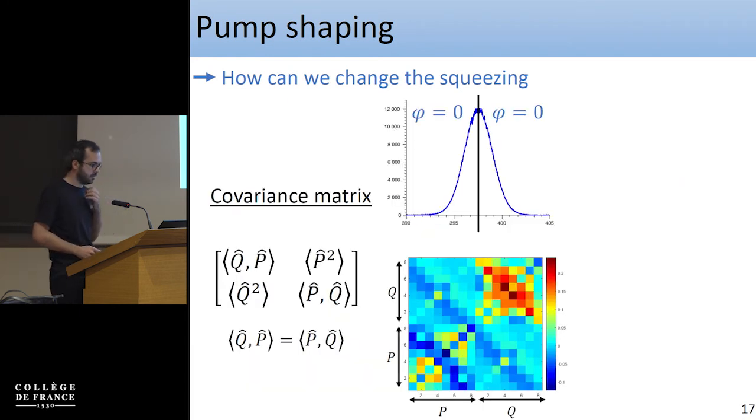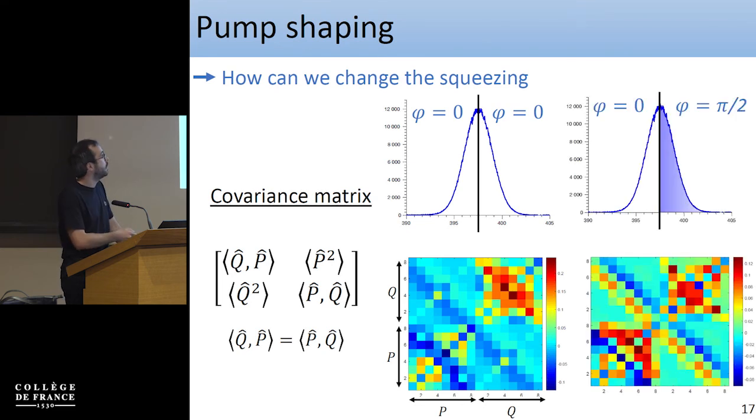So this is the first result. Here, this is a full covariance matrix for the usual spectrum of the pump. And if I add a half pi on half of the spectrum, I get this covariance matrix. And as you can see, we actually add this correlation in the QP term.